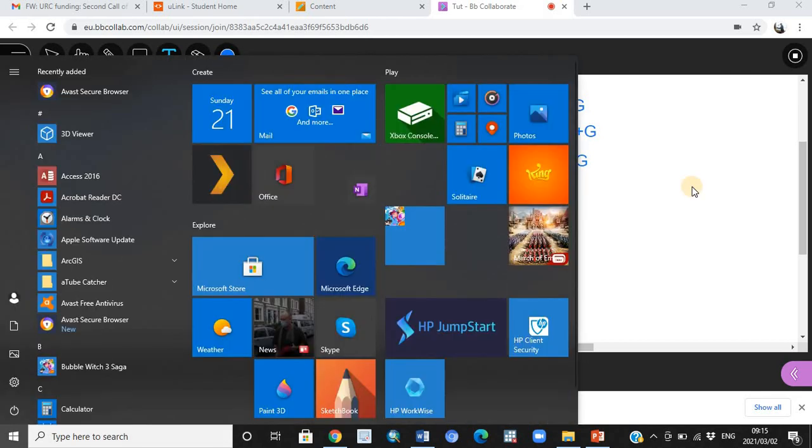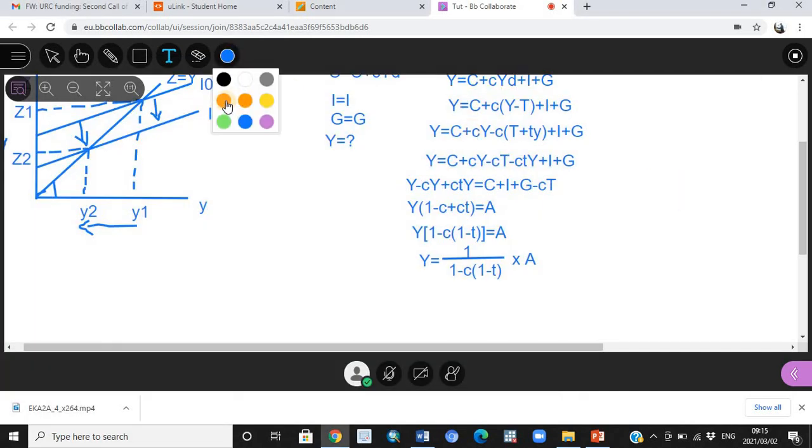I'm just going to use a different color. This is our expression for the equilibrium income.